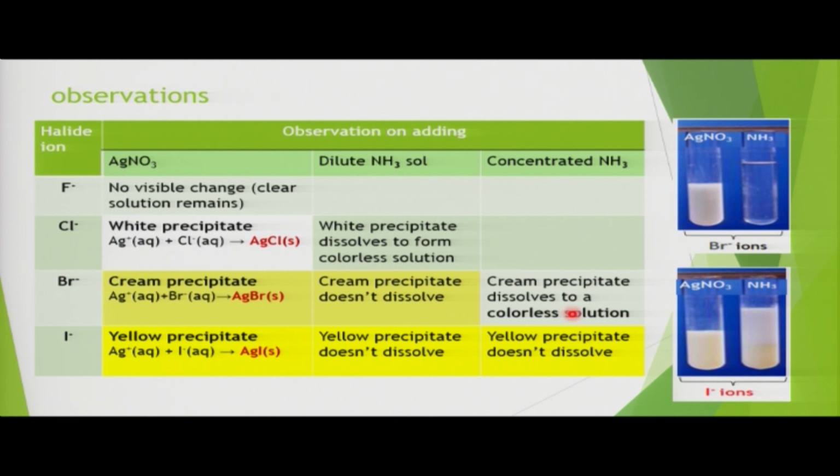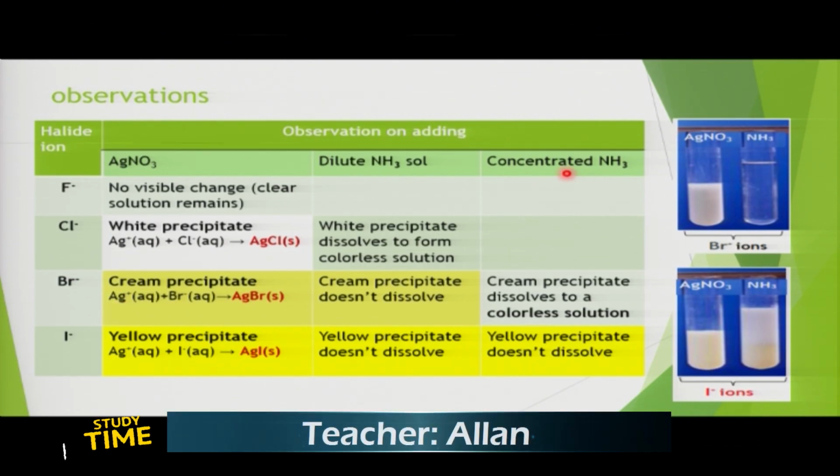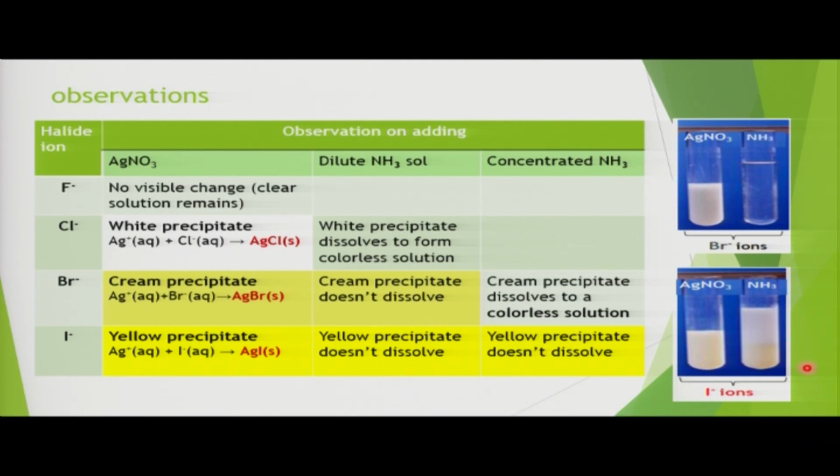The presence of this colorless solution is simply because of the complex formed between silver ions in solution and the ammonia molecules. So that is it with the whole topic, your unit 12, which is about group 7 elements.